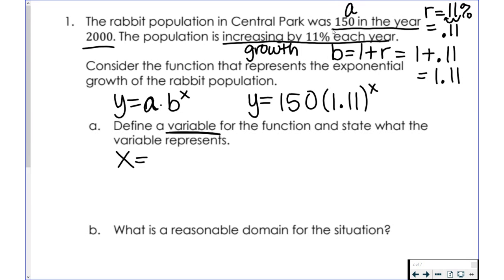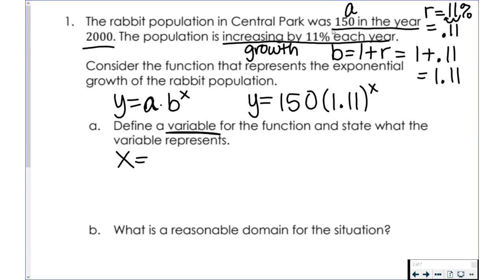But this question is asking for the variable and what it means in terms of the problem. So again, just because A is a letter doesn't mean that it's a variable. Okay, letters do not equal variable. A variable is something that changes. So depending on the year, X is going to change. That's why it's called a variable.